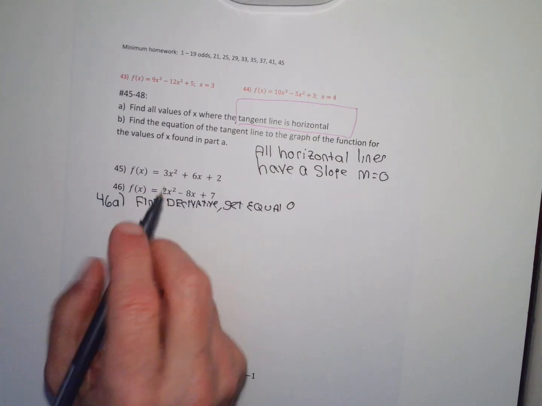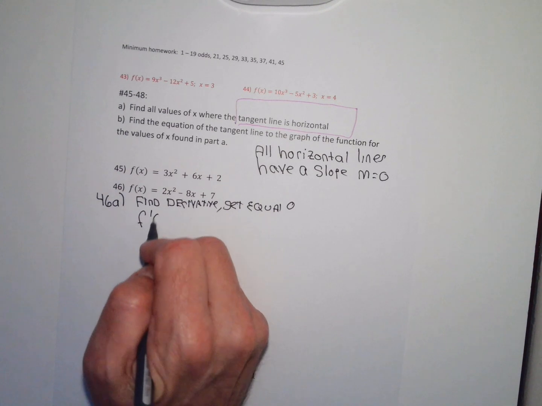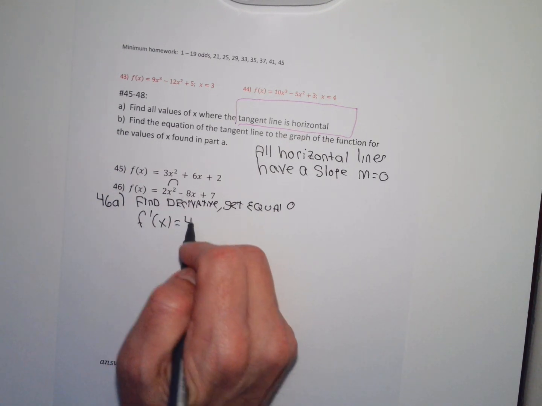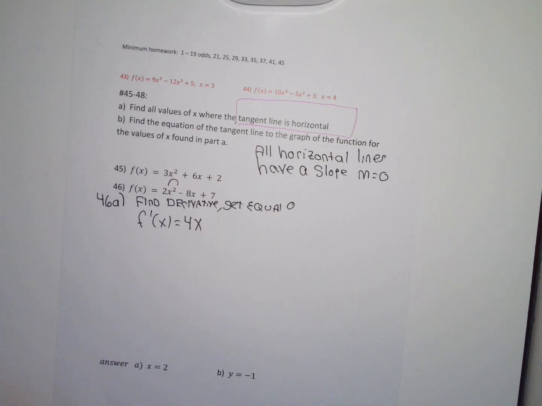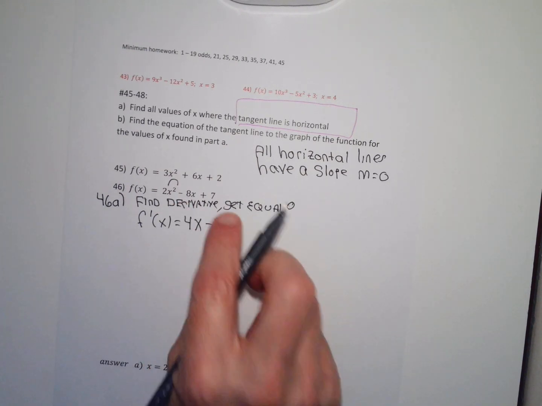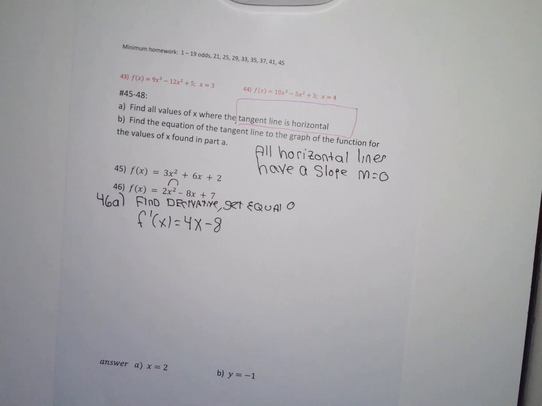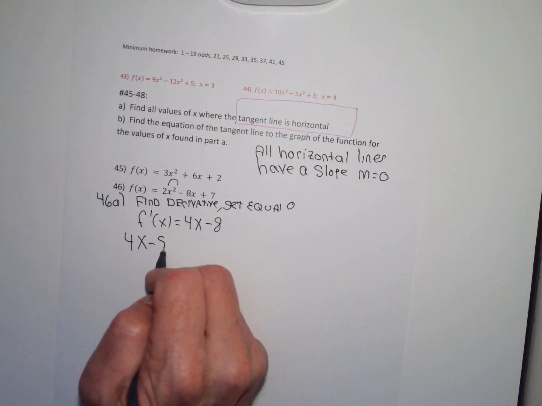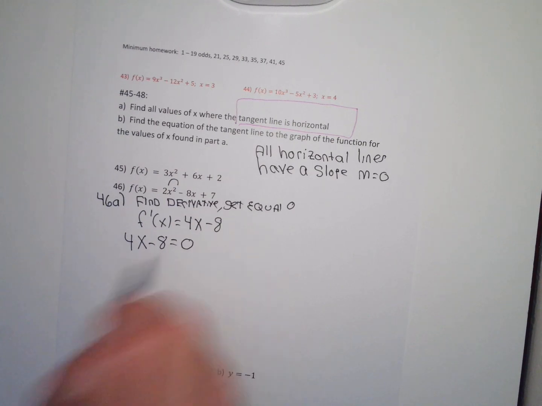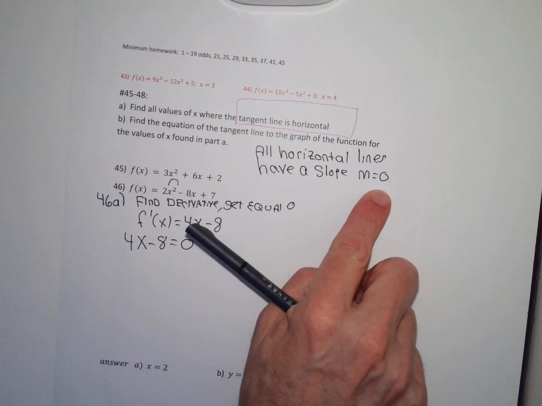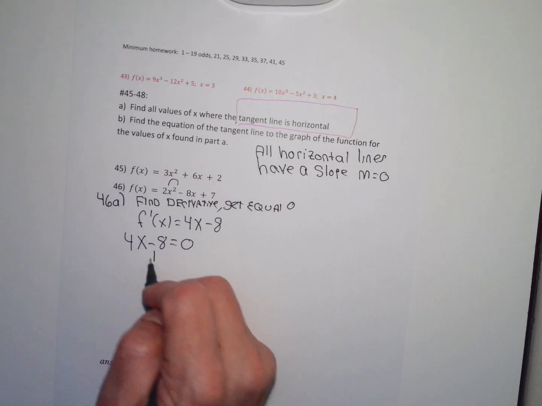So the derivative in 46: I go 2 times 2 is 4, lower the exponent by 1 and get 4x. The term minus 8x has a derivative of minus 8. The plus 7 has a derivative of 0. When I take the derivative and set it equal to 0, that's setting the slope equal to 0, and that's what I want because horizontal lines have 0 slopes.